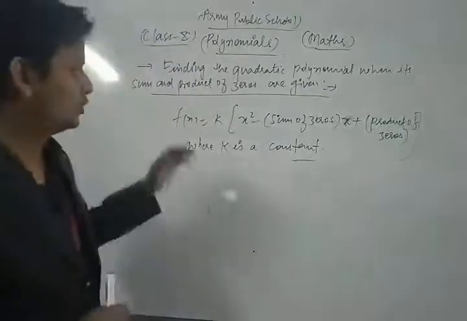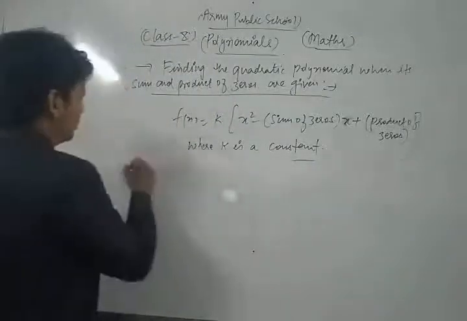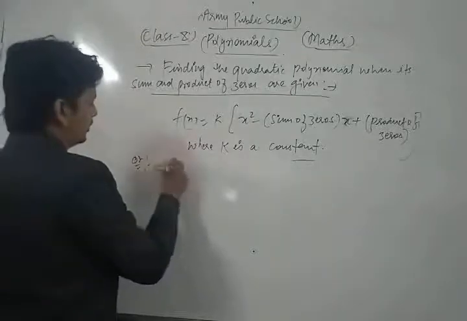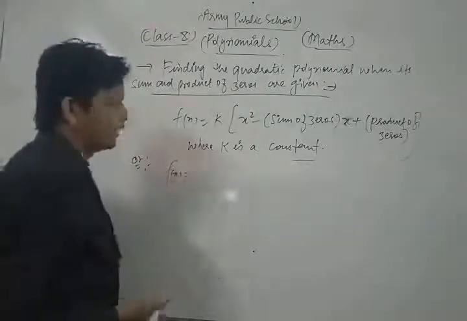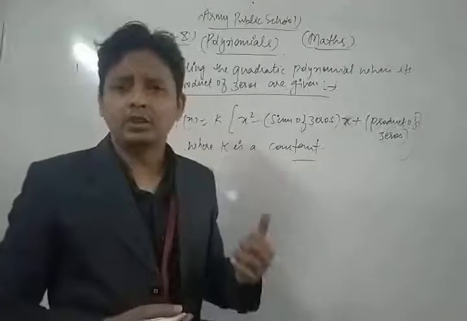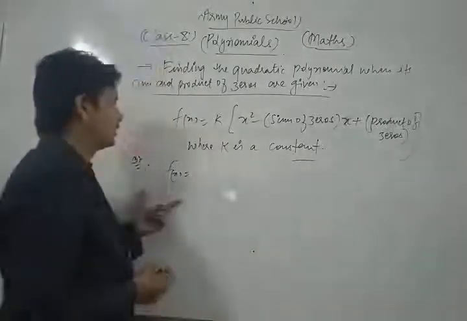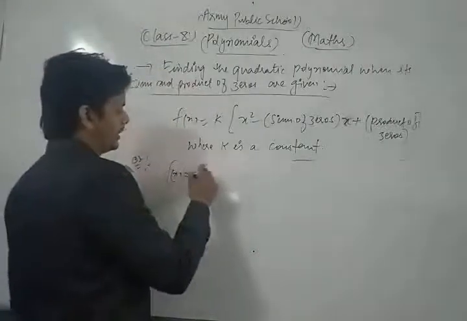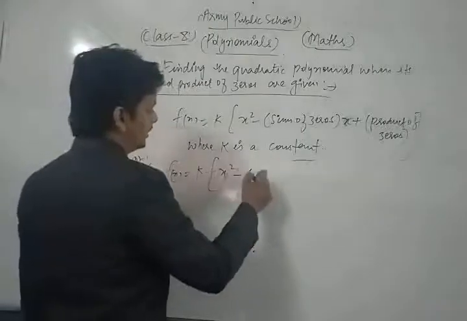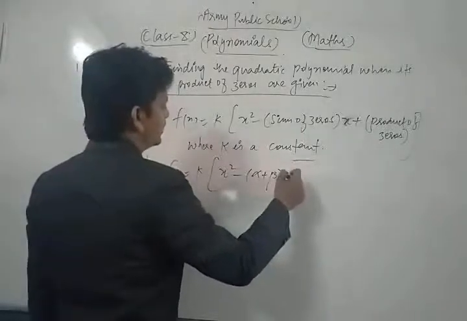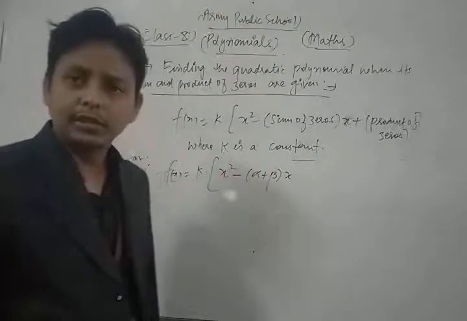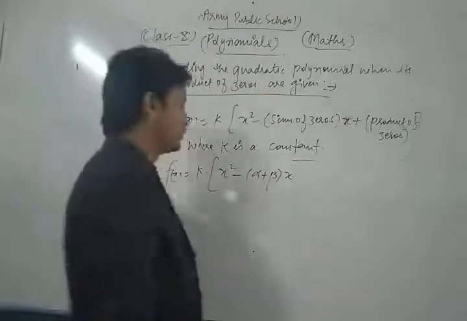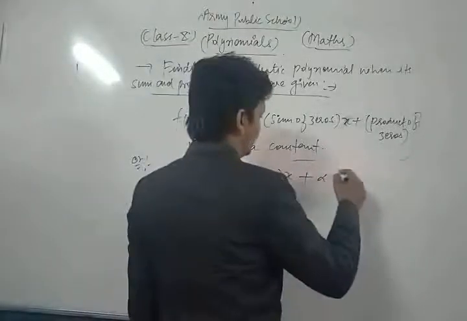We can also write that formula in this way. If alpha and beta are the two zeros of the quadratic polynomial, then the required polynomial is k in bracket x square minus sum of zeros, means alpha plus beta, into x plus product of zeros, means what? Alpha into beta.